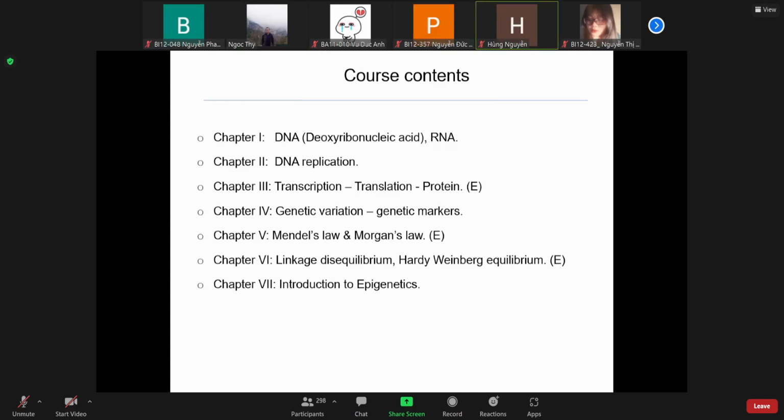You have studied basically this law in high school, but in this chapter, we will discuss more deeply the molecular mechanism of this law.